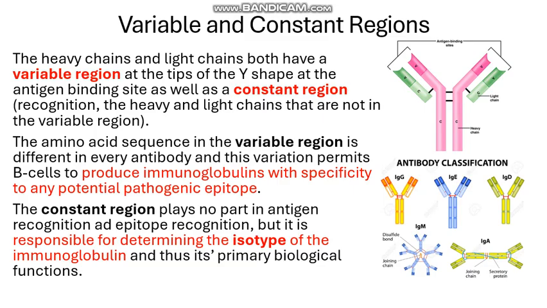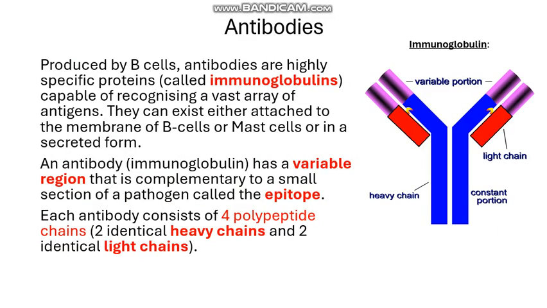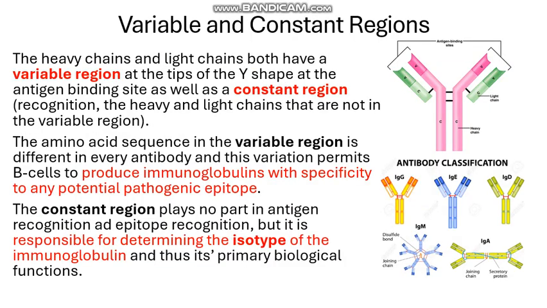The heavy chains and light chains both have a variable region, like we talked about, shown in pink, and a constant region, which is this part in red and this part in blue for the light and heavy chains respectively.